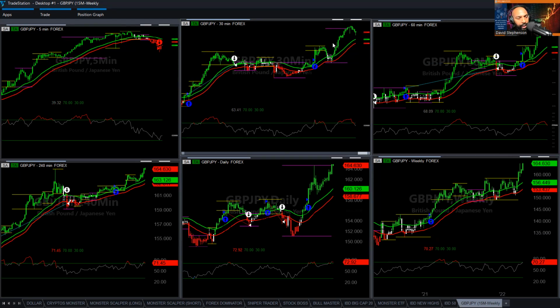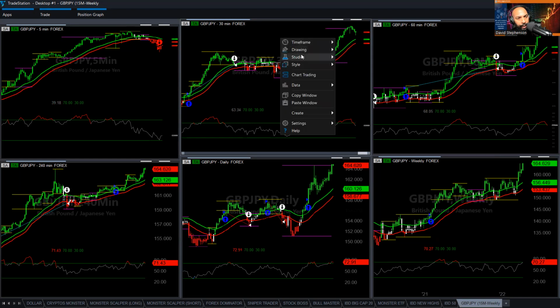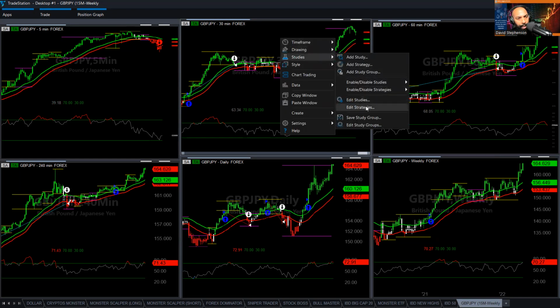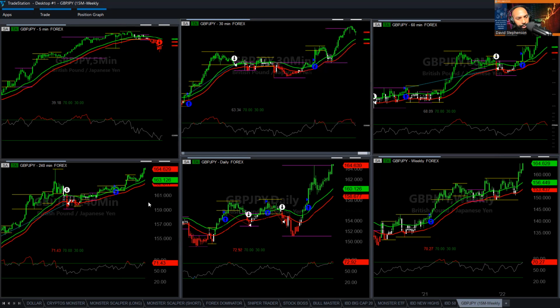So what we can do, and this is a bit advanced, knowing that price is overbought, is start turning off your buy signals. Let's say you've made money on the 240 and on the 60-minute, and you know it's getting really overbought.